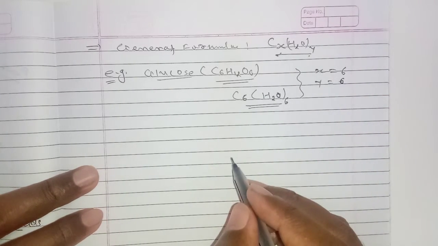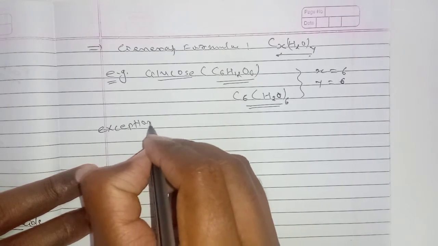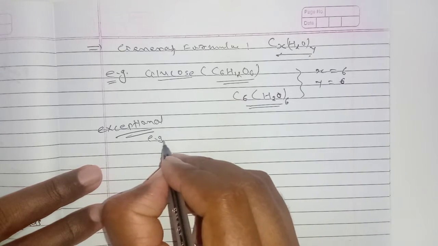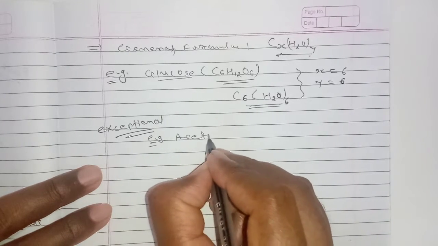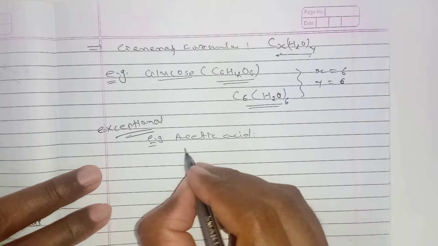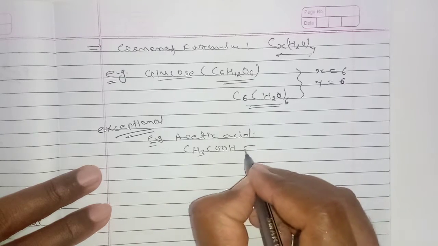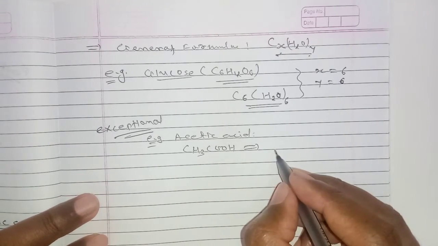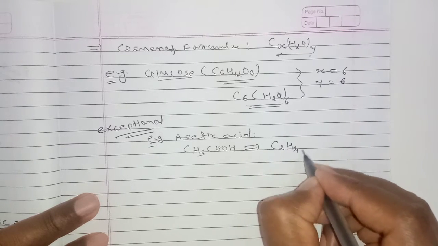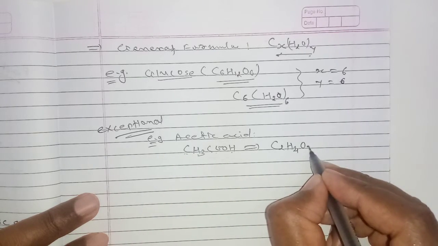But in exceptional cases like acetic acid, CH3COOH, its empirical formula is C2H4O2.